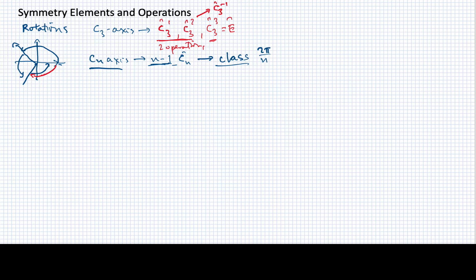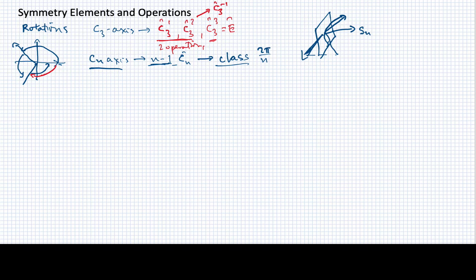Now I'll have a similar sort of situation for the improper axes, but there I'm going to do a rotation and then I'm going to reflect in a plane perpendicular to this. So for example, if I have a plane drawn here and the improper rotation axis perpendicular to that plane, if I start up here and I do a rotation down to here, I'll then do a reflection across, so my product vector will be something that sits out here.